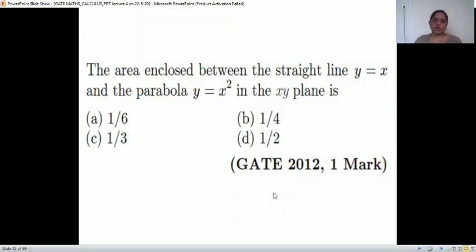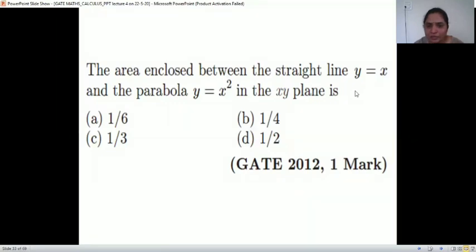Next question, solve. Draw a parabola, draw the line y is equal to x, find out the region, find out the points of intersection.